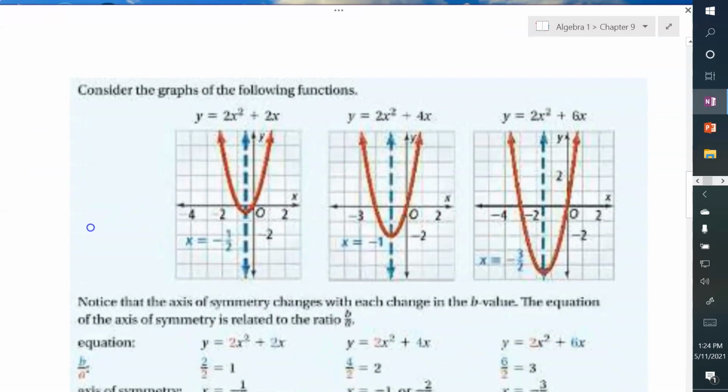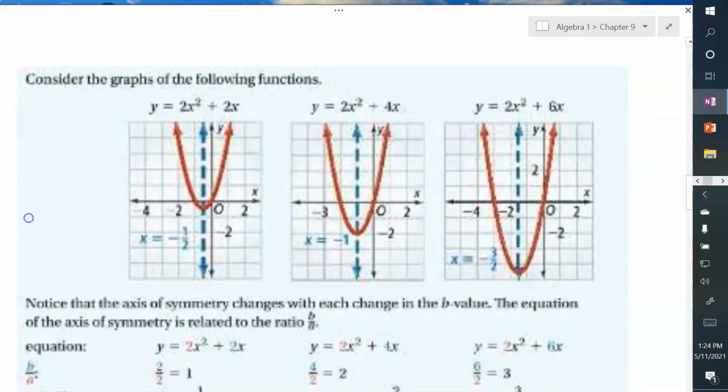Next, take a look at these graphs here. Our first one on the left is 2x squared plus 2x. And this blue dashed line is called the axis of symmetry, and it's going right through the vertex. So right there's your vertex. What the axis of symmetry means is on both sides of that axis, the parabola has the same y value.